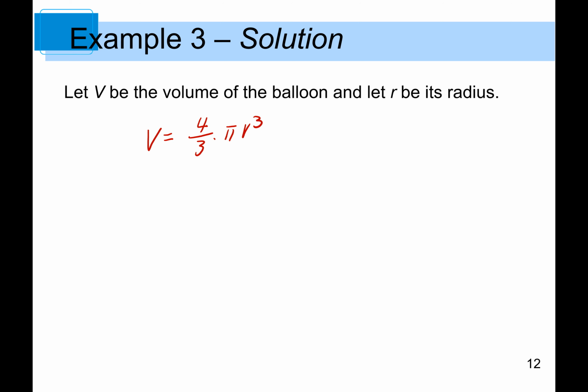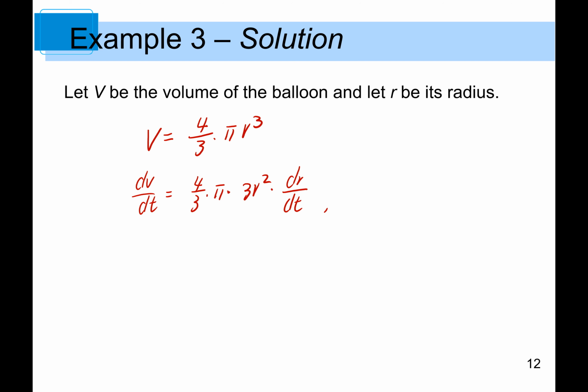Alright, so first of all, we have to differentiate everything with respect to time t. So dV over dt on the left, 4 over 3 times pi, and differentiating r cubed becomes 3r squared times dr over dt.